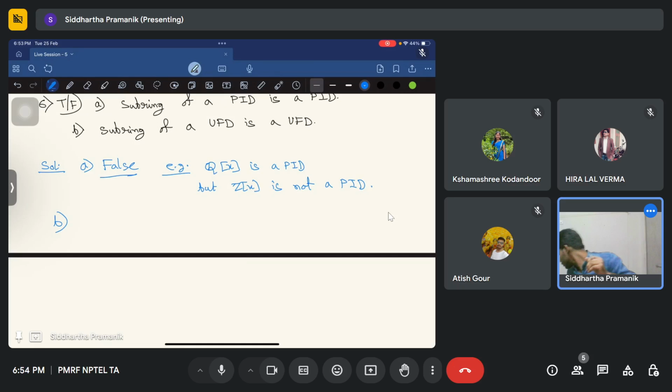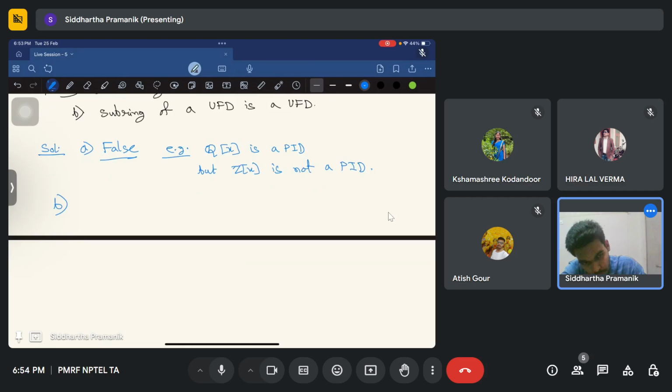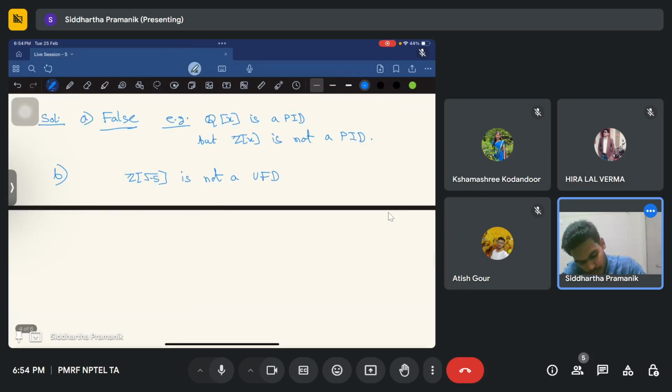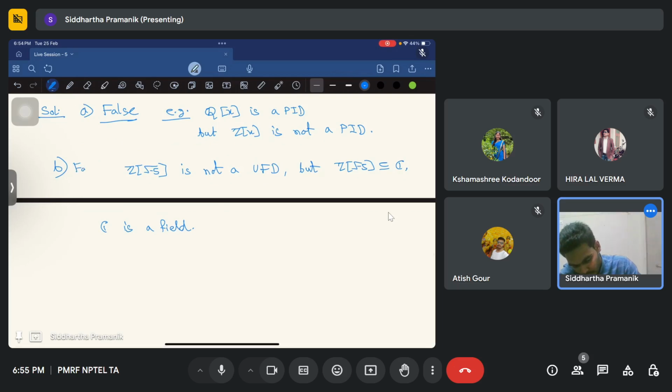In the lectures I think it has already been proved that Z[√-5] is not a UFD, right? But it is contained in a field. Z[√-5] is a subset of C, and C is a field. A field is a PID, and PIDs are UFDs. So this is also false.